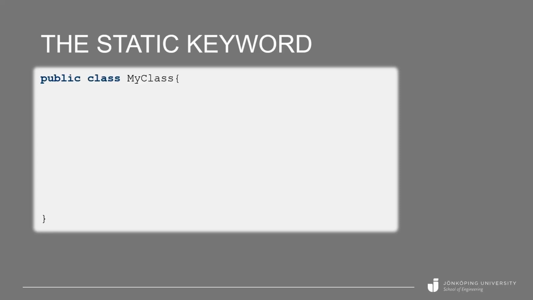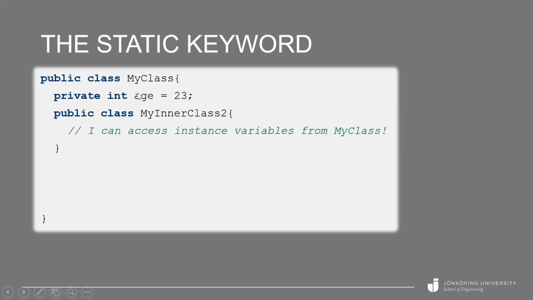So here we have a class that has an instance variable, but it also has a nested inner class here. And this is not that good, because this inner class has access to the instance variable of my class here. Now that might be useful, but it will take more computational power.